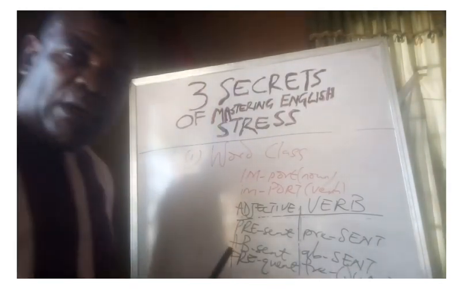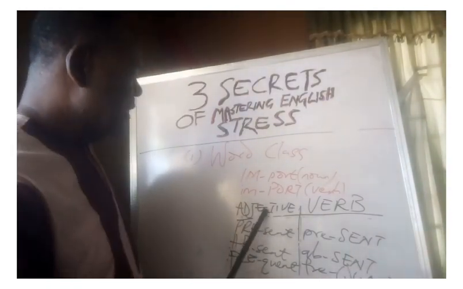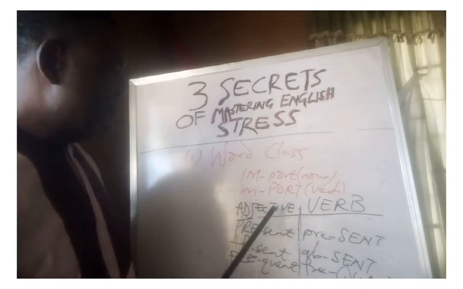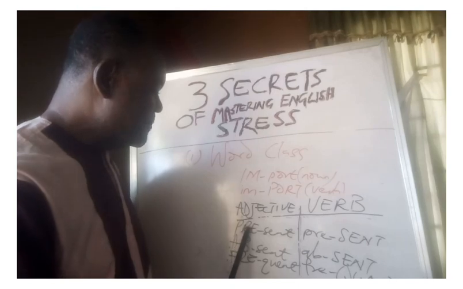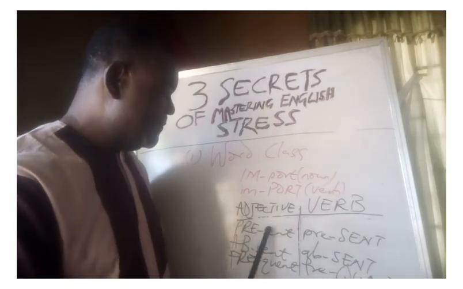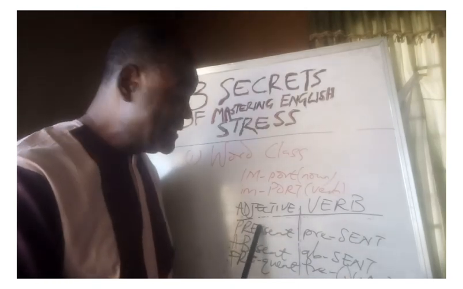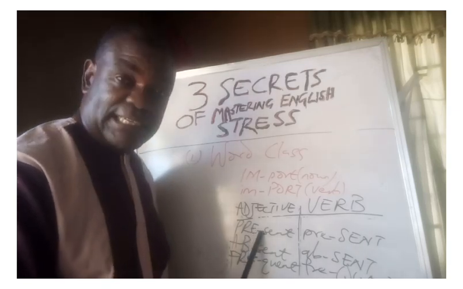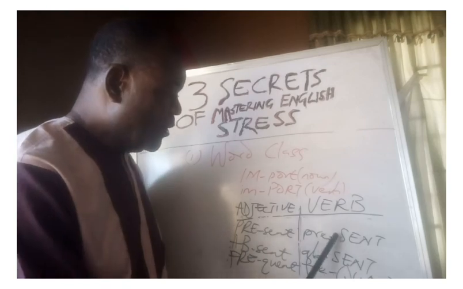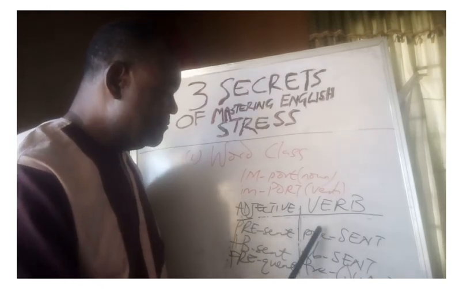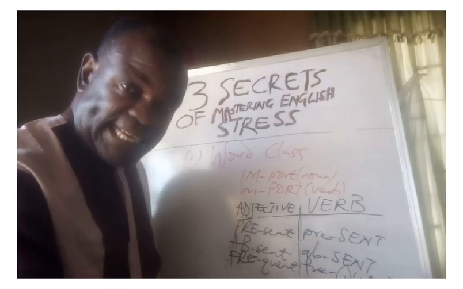So when we look at this, an English word is used as an adjective and also used as a verb, such as present. If you say someone is present in class, you are using the word as an adjective, and the stress is on the first syllable, present. Or you are saying someone is going to present a paper.